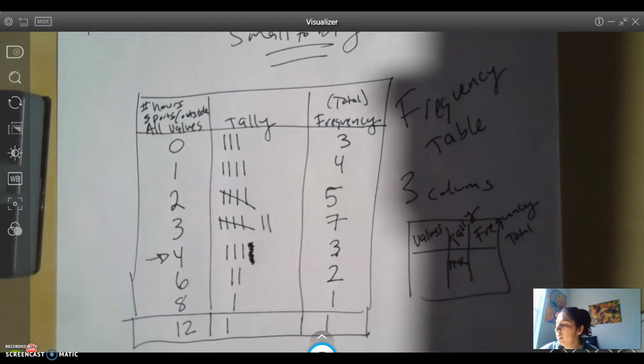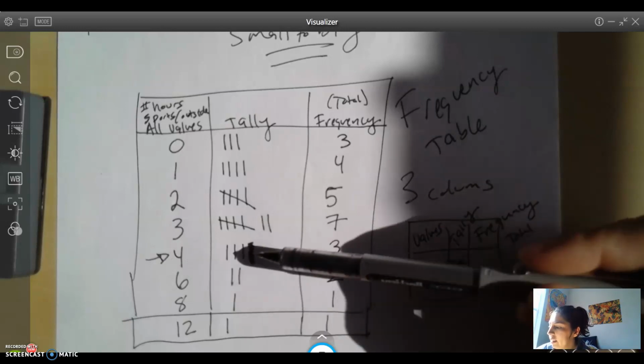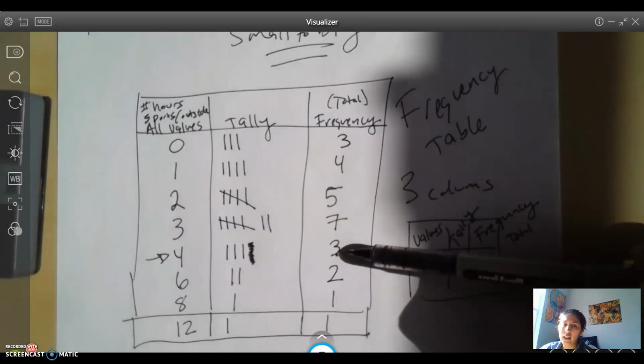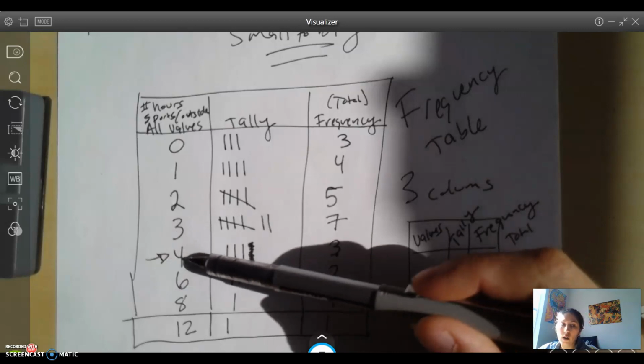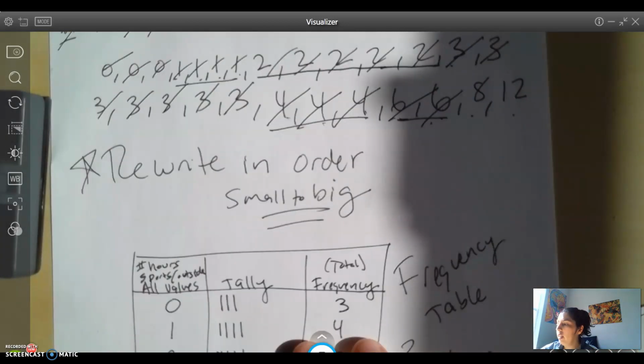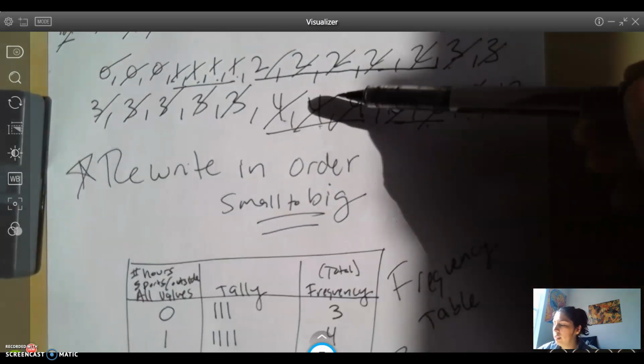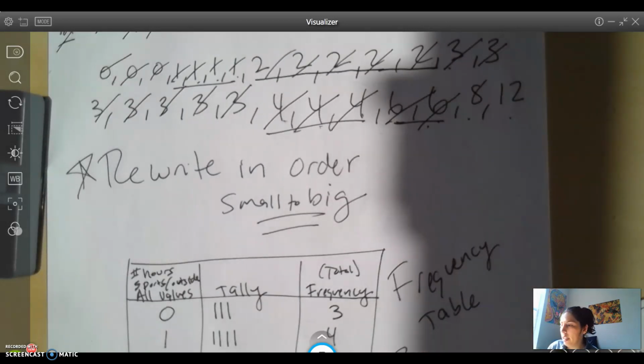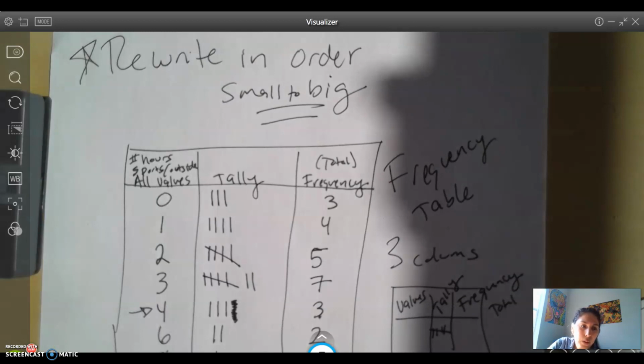Right? So the mistake here is the tallies did not match up the correct frequency. So my frequency needed to match my total tally of 3 for 4 hours spent outside, because 3 different 6th graders said they spent 4 hours outside playing sports or games. All right, pause here, move on to the next section when you're ready.